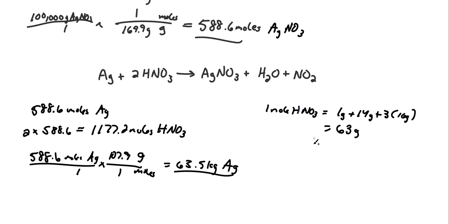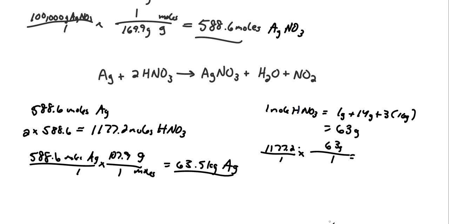So let's see how much 1,177.2 moles of nitric acid is, because that's what we need. 1,177.2 over 1 times, we want to get rid of moles, and we want grams, so we know 1 mole is 63 grams.